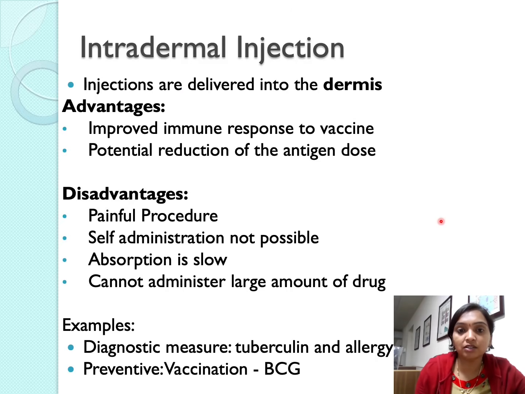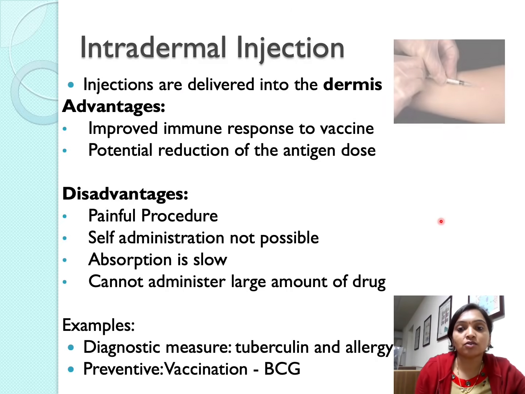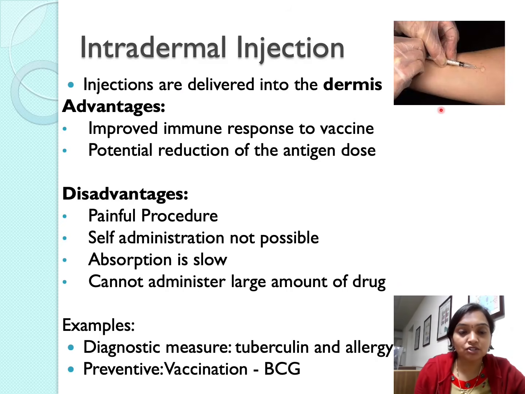To begin with the intradermal route, this is how you give an intradermal injection. As the name suggests, it is into the dermal layer of the skin, just beneath the skin, so you have to insert the needle very little.